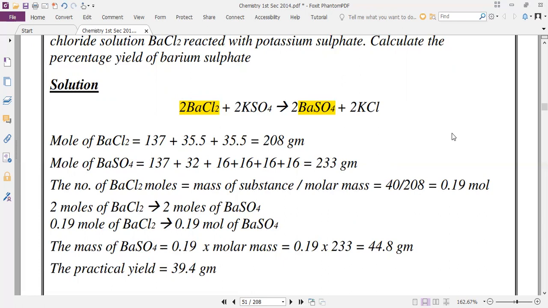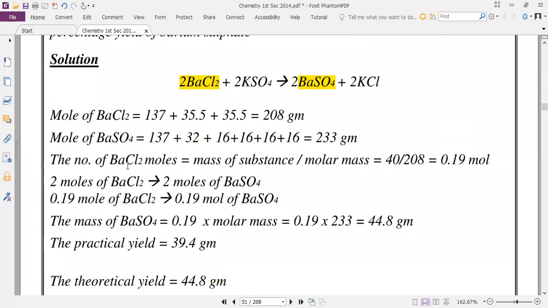Okay. Fine. Now we are going to calculate the number of moles of BaCl2. Number of moles equals what? Mass of substance divided by molar mass.